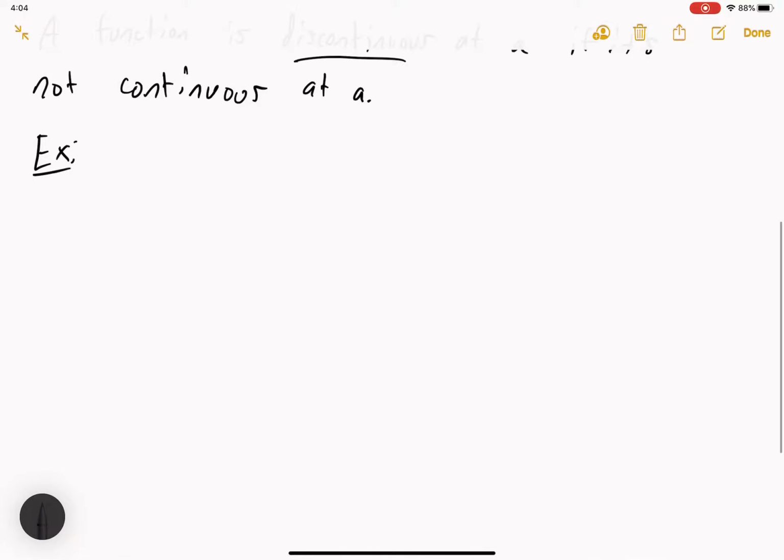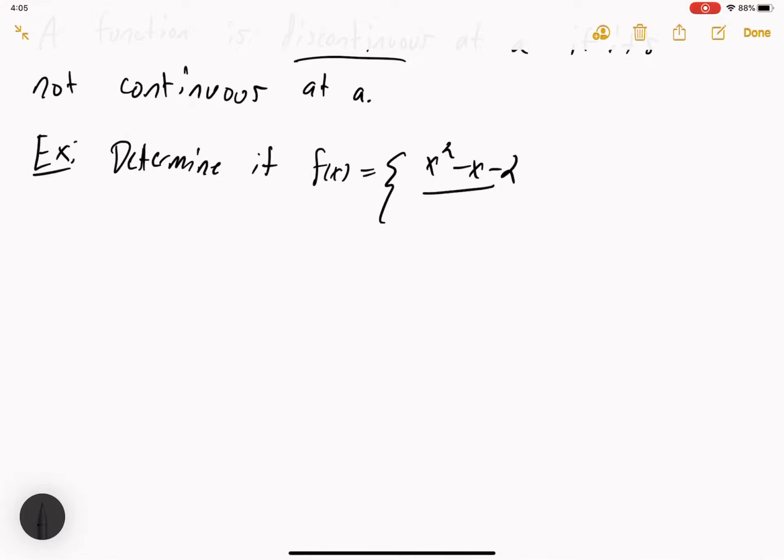We'll say determine if f of x, which is equal to x squared minus x minus 2 divided by x minus 2, and we have 1 here. This is going to be a piecewise function: the first piece is when x isn't equal to 2, and the second is when x is equal to 2.